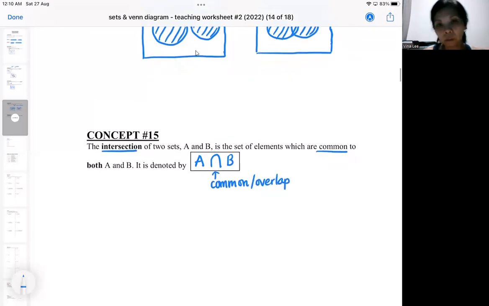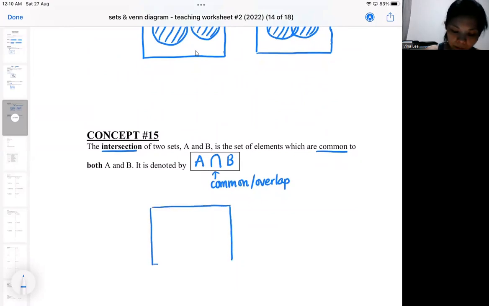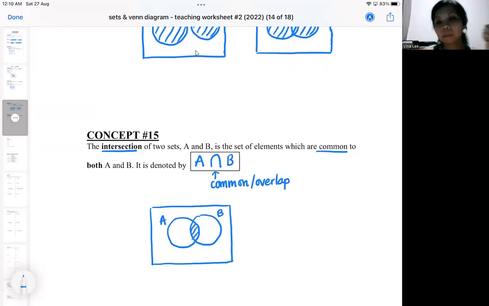Later on, I'll show the numerical values. But if I'm going to draw it, the common elements will be the part where the two circles overlap. So the two circles have some common part, and that's where they merge.